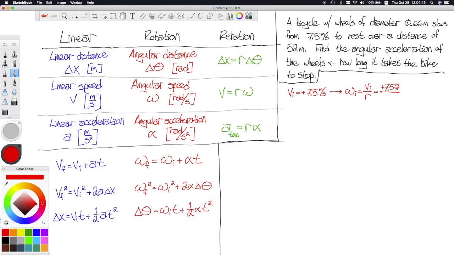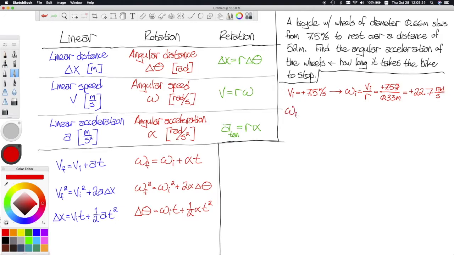So that's half the diameter, so we need 0.33 meters, and we have an initial angular velocity of positive 22.7 radians per second. Note that this is a situation where we've converted from a linear quantity to an angular quantity, so that means radians as a unit will pop up because it's needed now.